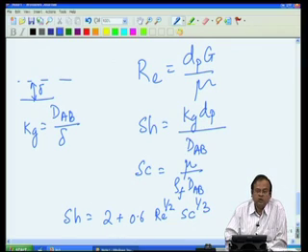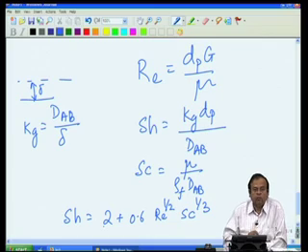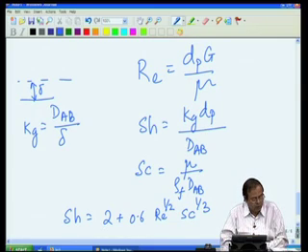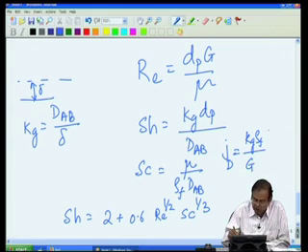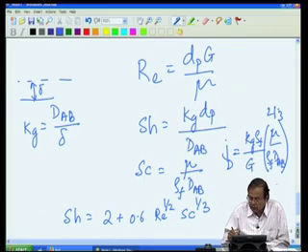If the gas flow is very low, that means almost a stationary flow, Reynolds number will go to 0. So, Sherwood number equals 2, a correlation you might have already seen. Or we use correlations such as the JD factor, which is Kg rho f by G into mu by rho f into dAB raised to 2/3, and this JD factor is a function of Reynolds number.